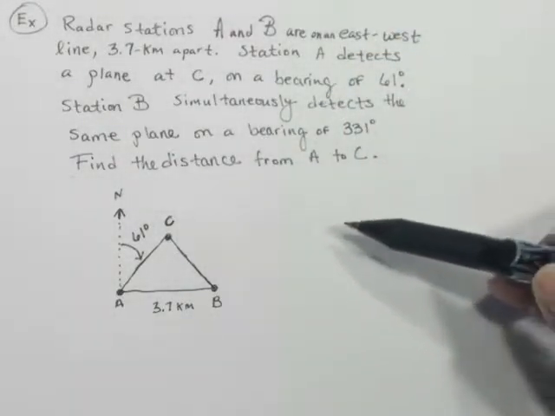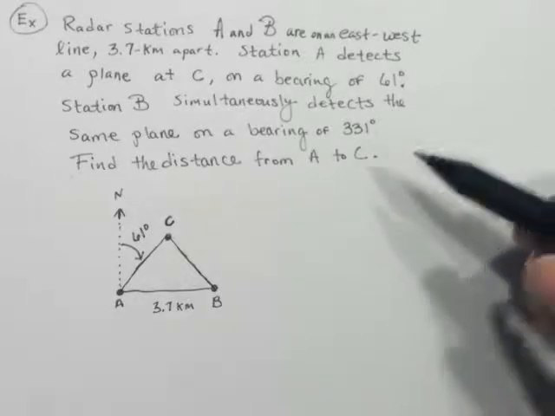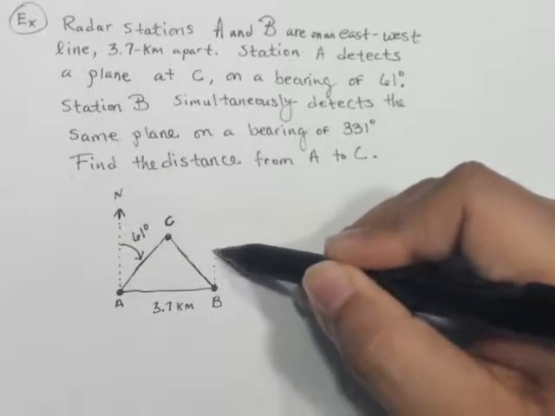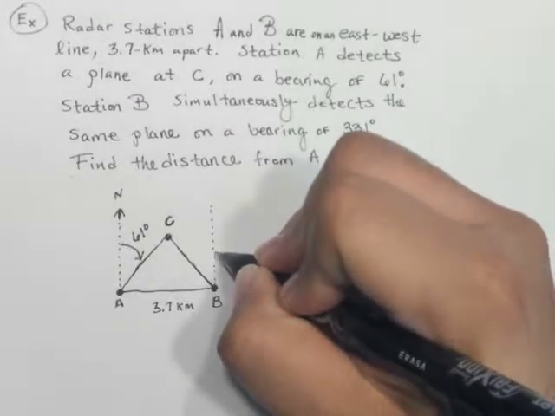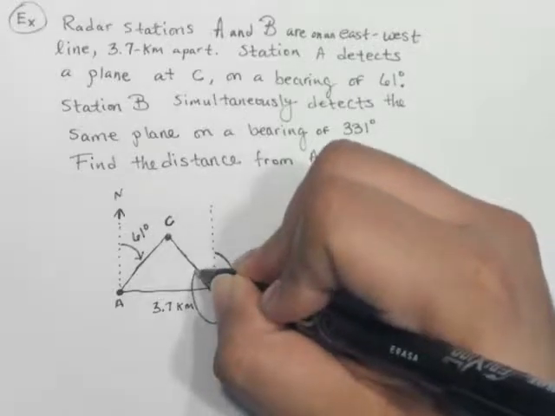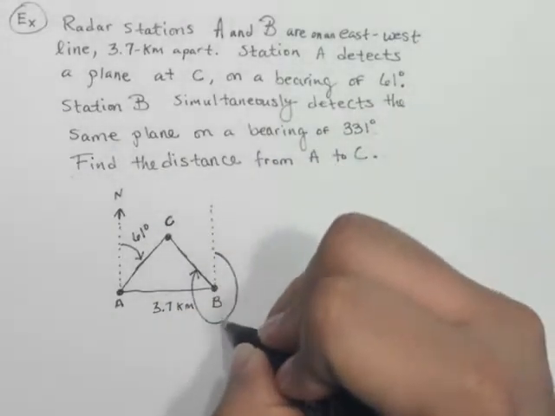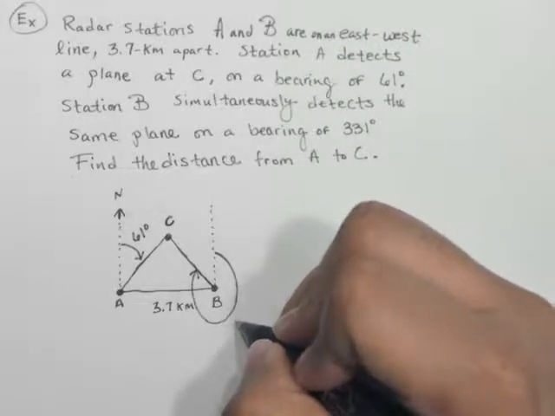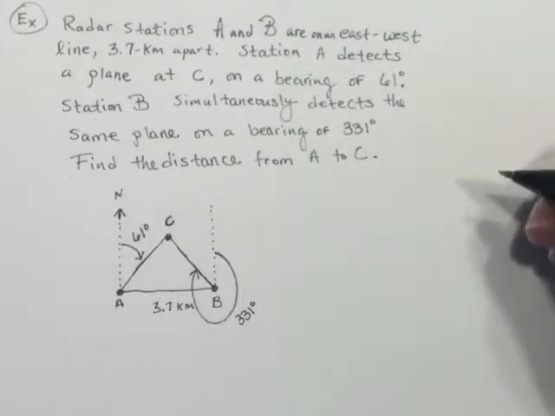The bearing there is 331 degrees, so we're going to draw another north line here, and that one is going to look something like this. So this right here is about 331 degrees, let's suppose. I'm going to put that out here on the outside.